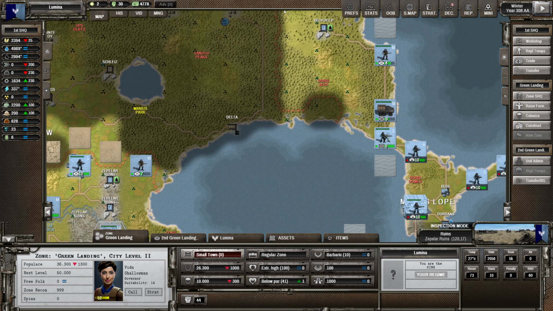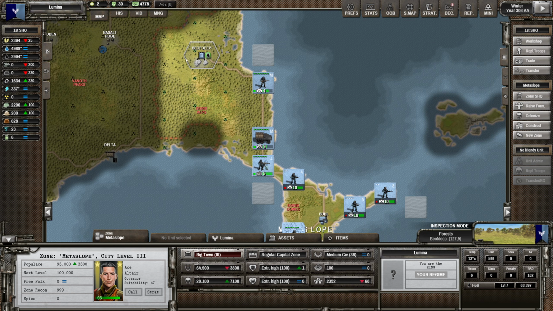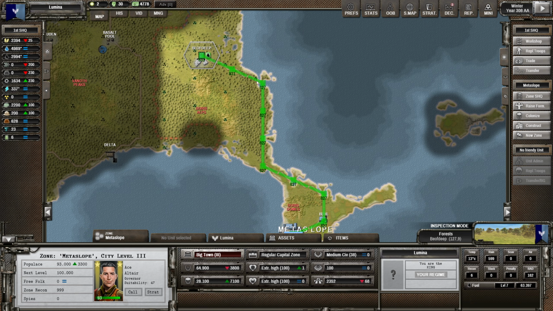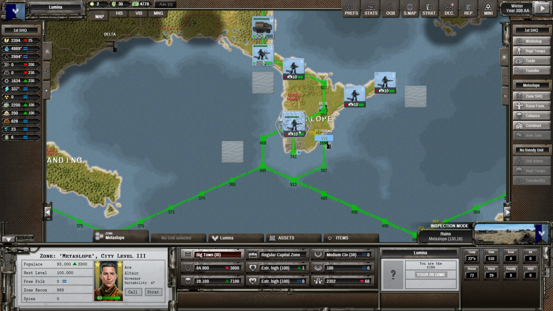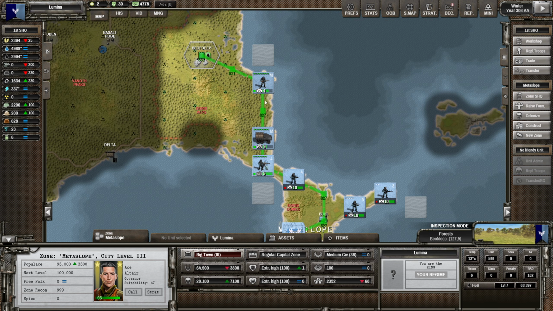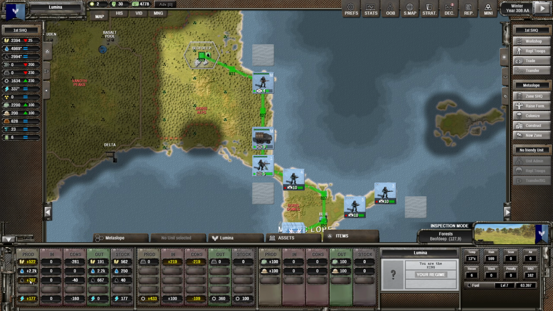The way that works is this mine, through the logistics chain, will send its oil all the way to the SHQ first. It starts out in the zone items, and this will be oil here.